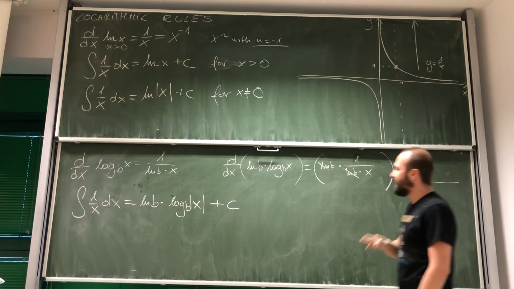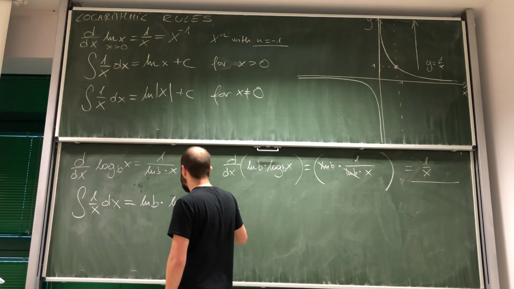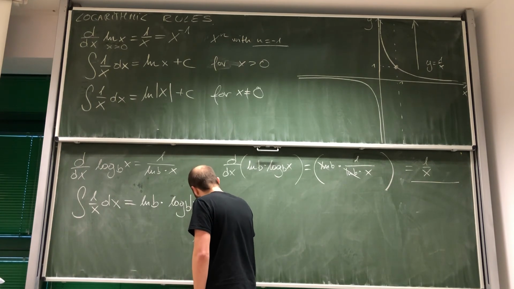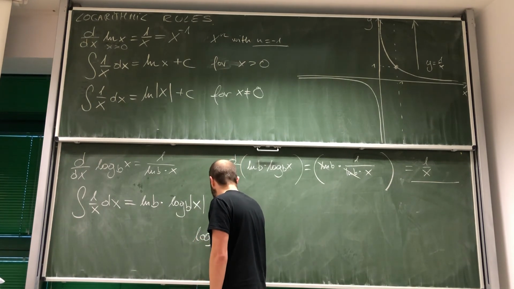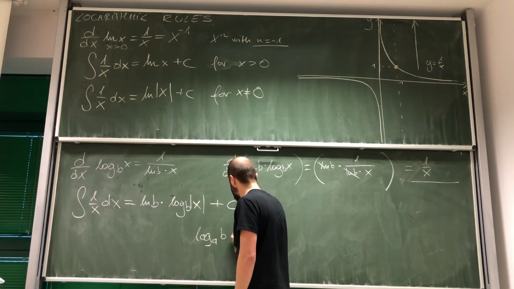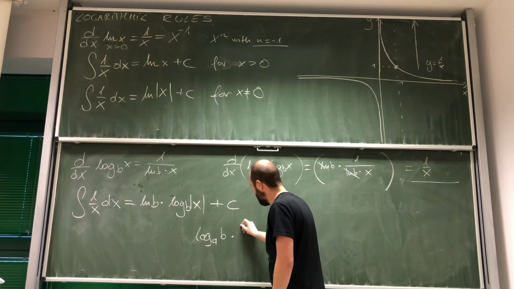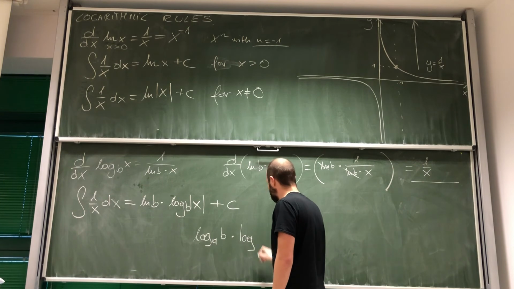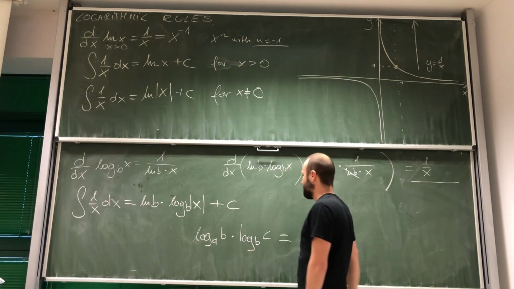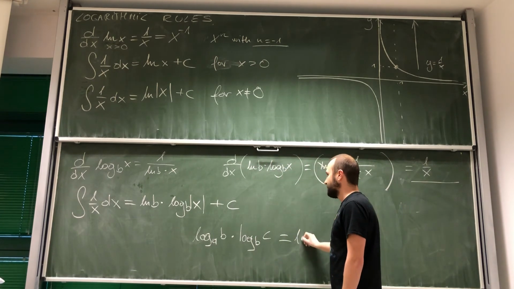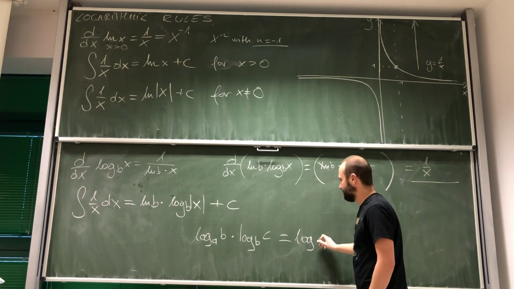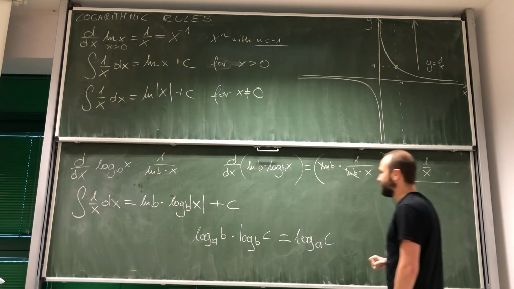Because look, based on the logarithmic rule that the logarithm with base a of b times the logarithm with base b of c is equal to the logarithm with base a of c.